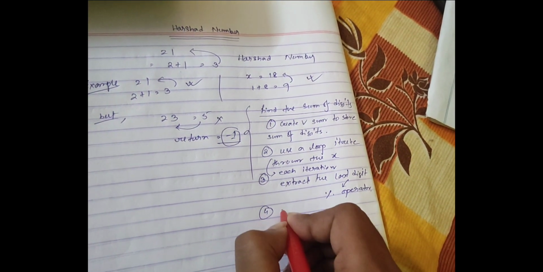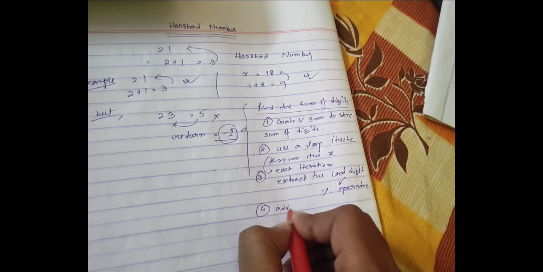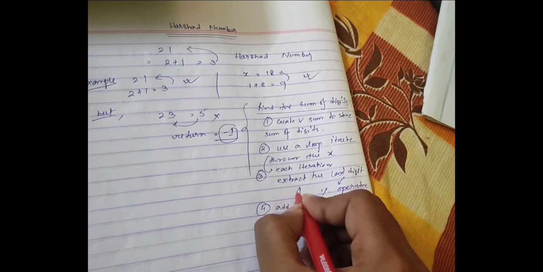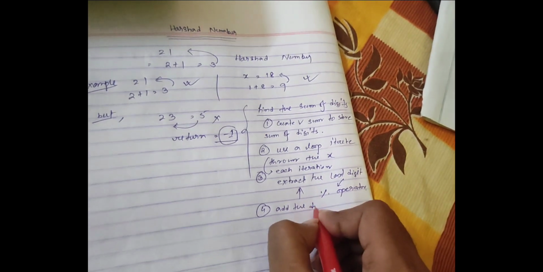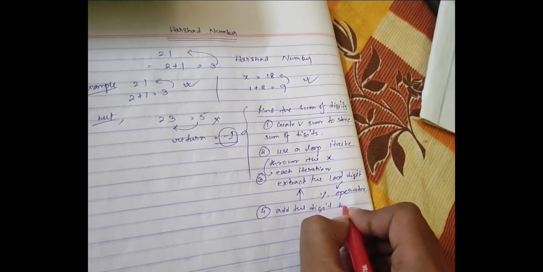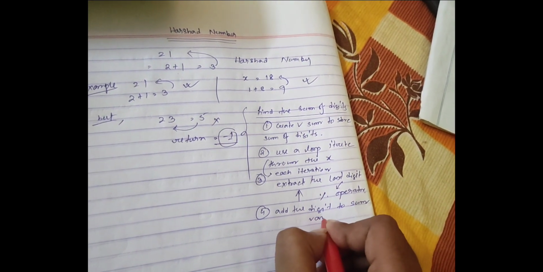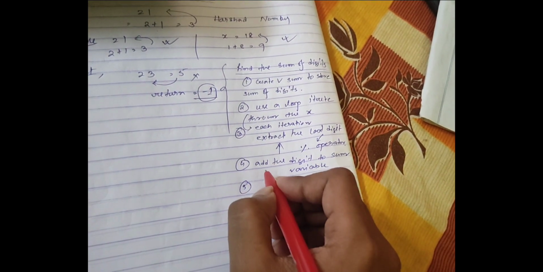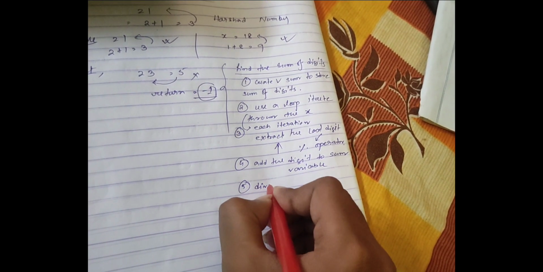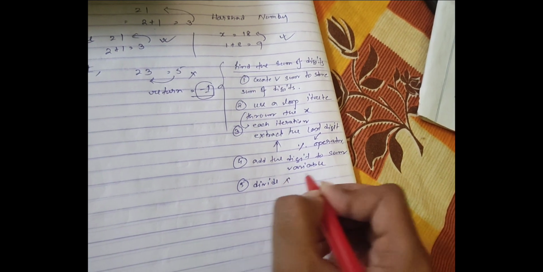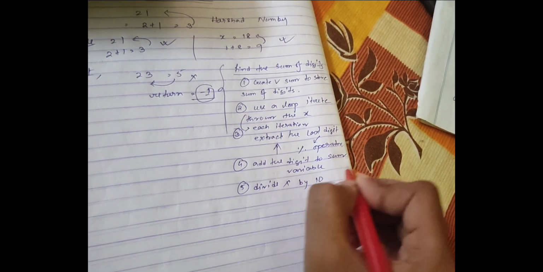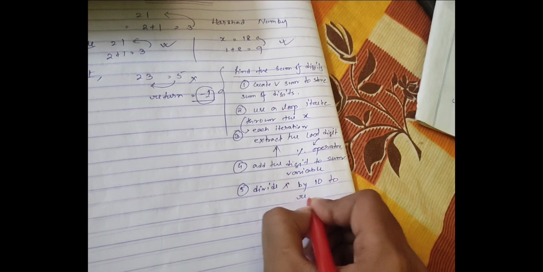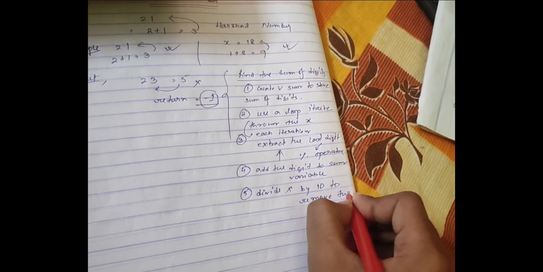Then add the extracted digit to the sum variable, and then divide the original number, that is x, by 10 to remove the last digit.